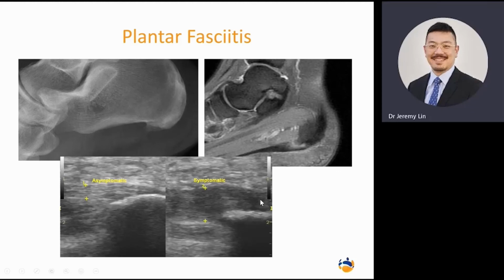It's edematous, it's hypoechoic. We can't appreciate specifically the small intrasubstance tears, which is why in some situations consideration with MRI may be useful.